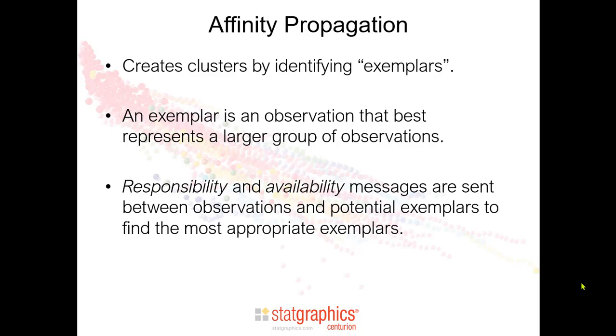Exemplars are found by passing messages between observations and potential exemplars. Responsibility messages indicate how suitable an exemplar would be for a particular observation, and availability indicates how available a particular exemplar is.